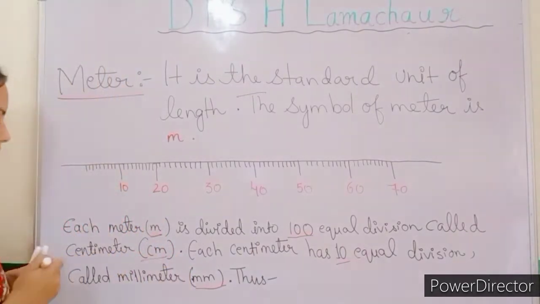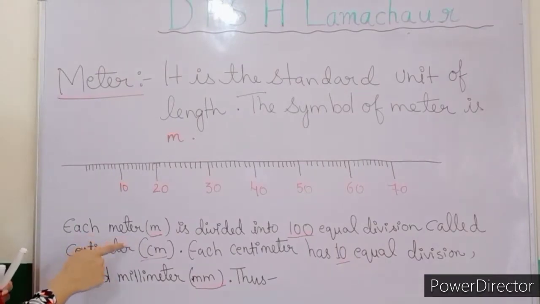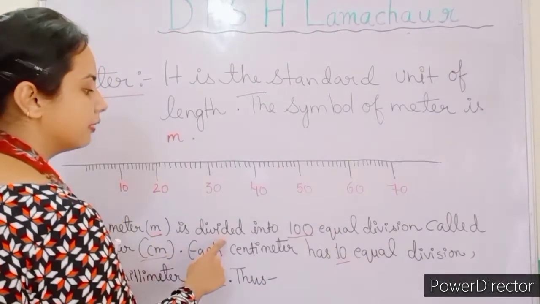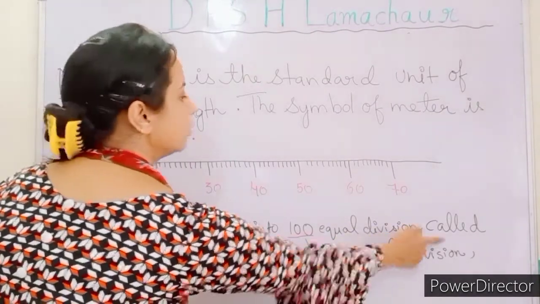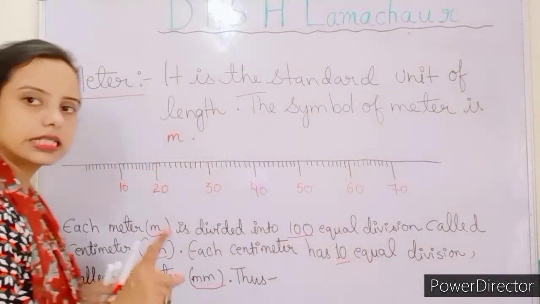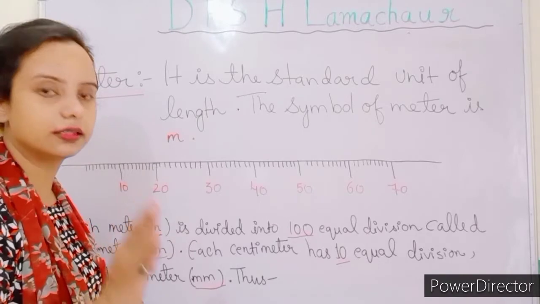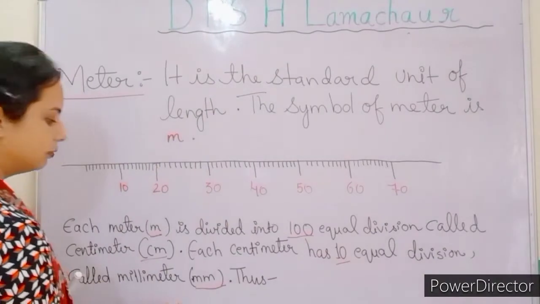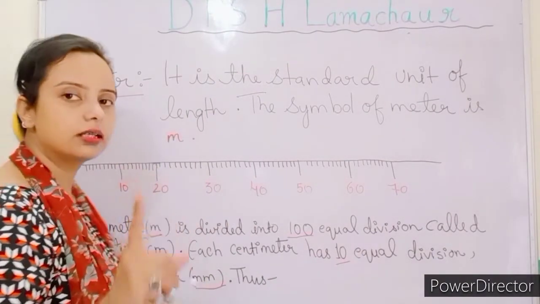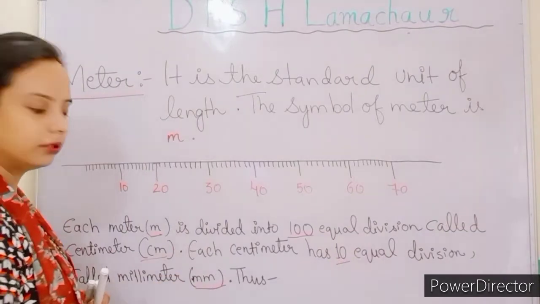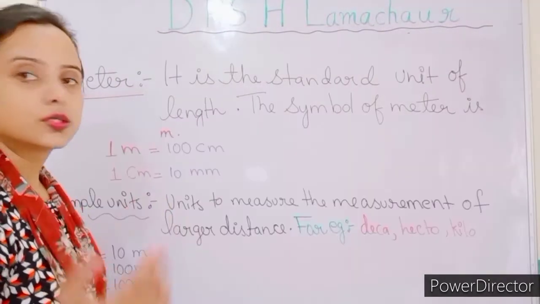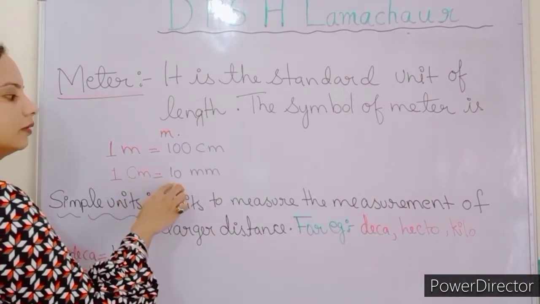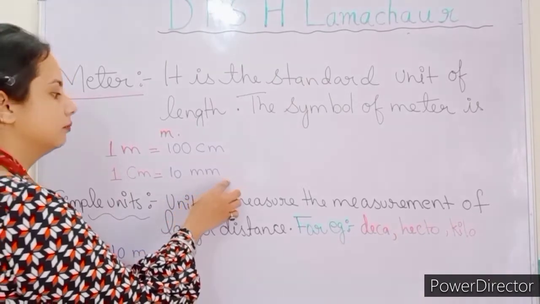Hope you understood. Let's understand it again. Each meter is divided into 100 equal divisions called centimeters, and each centimeter has 10 equal divisions called millimeters. Thus, students, 1 meter equals 100 centimeters and 1 centimeter equals 10 millimeters.